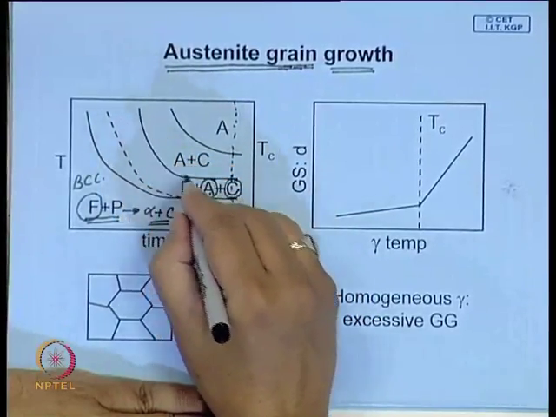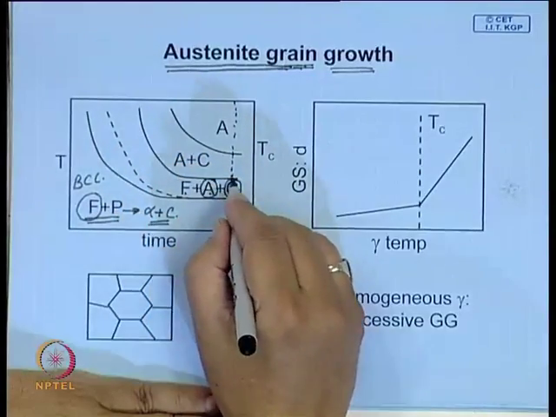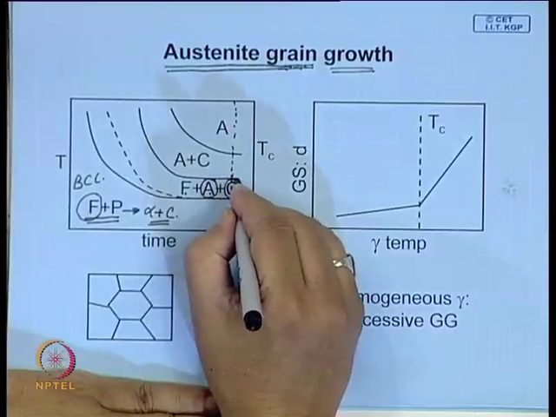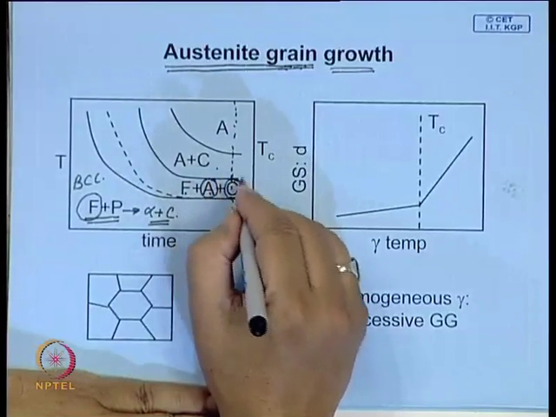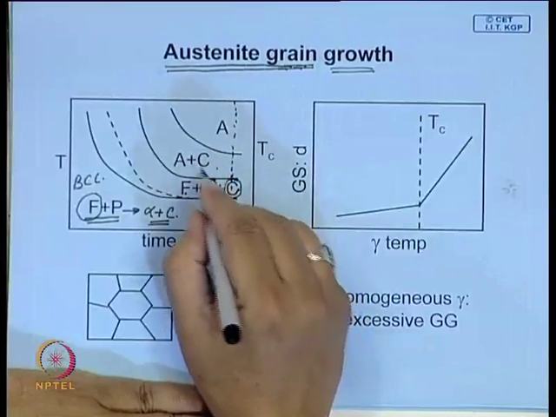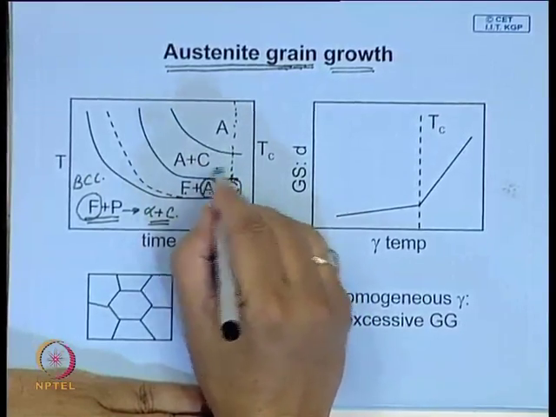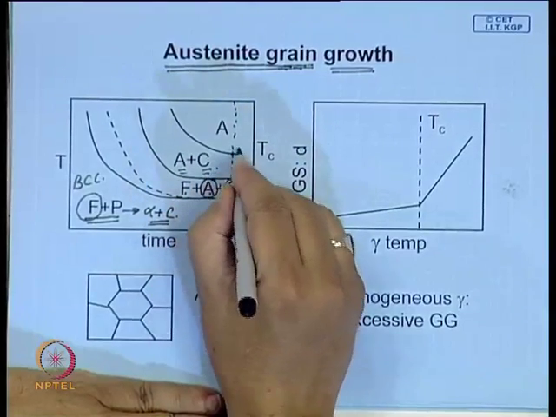This is the line which represents the time temperature condition where ferrite disappears. And here you have austenite, but some of these carbides may not have dissolved in austenite. So, you have a region where you have austenite plus carbide.